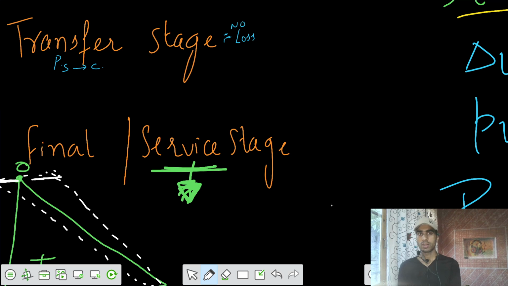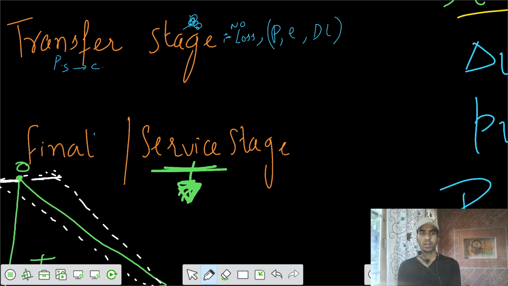No loss is there. That means we are calculating for the actual P naught, so stress is based on the actual P naught. We say there is no loss, though there is some loss also at the transfer stage. So here is this assumption that we calculate for no loss, and we account for the effect of P, its eccentricity, and dead loads. These are the things we are going to do here.